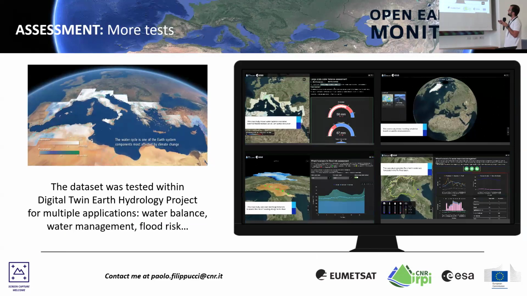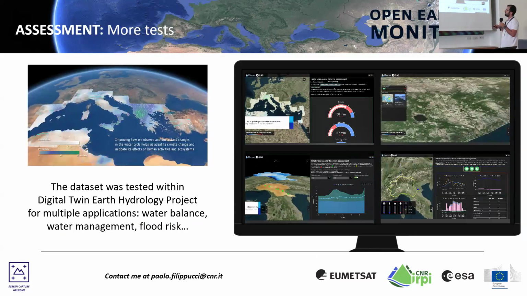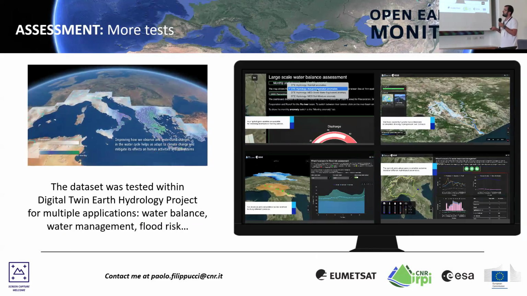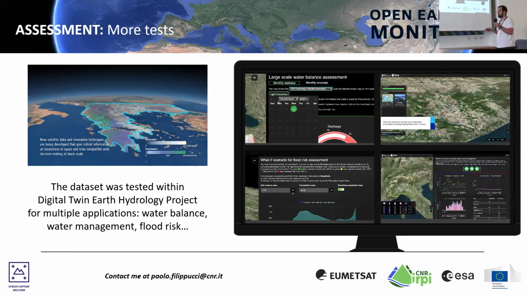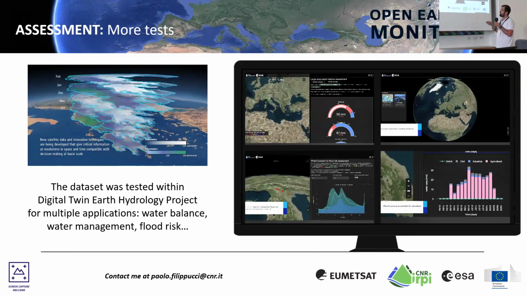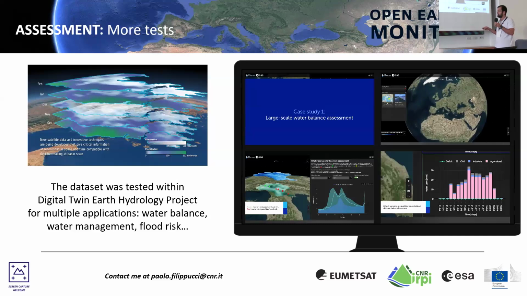We have applied this product and also others that we have developed with other partners in the Digital Twin Earth Hydrology project, in which we try to reproduce the water cycle at high resolution from satellite data and from models. So for multiple applications, we have water balance, water management, flood risk.